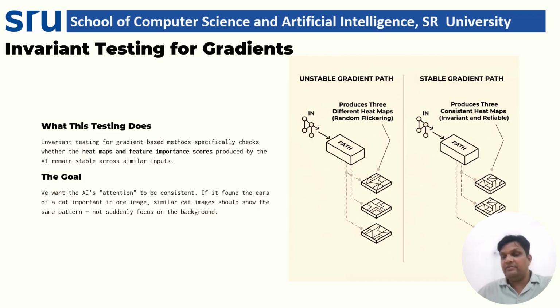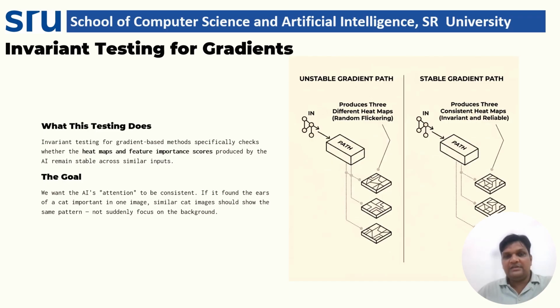Invariant testing for gradients. So we test for consistency. What does this testing do? Invariant testing for gradient-based methods specifically checks whether the heat maps and feature importance scores produced by the AI remain stable across similar inputs. The goal: we want the AI's attention to be consistent. If it found the ears of a cat important in one image, a similar cat image should show the same pattern, not suddenly focus on the background.